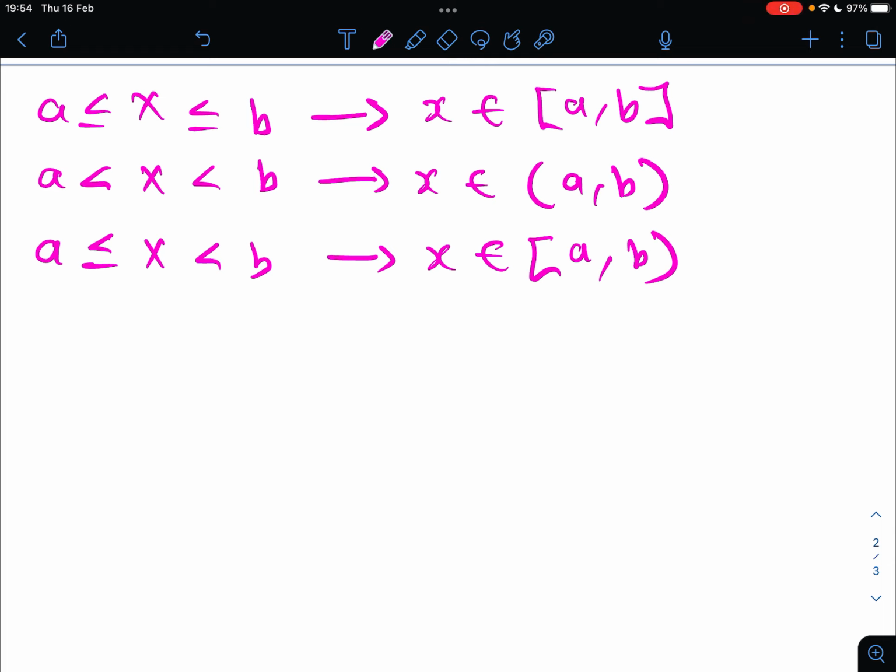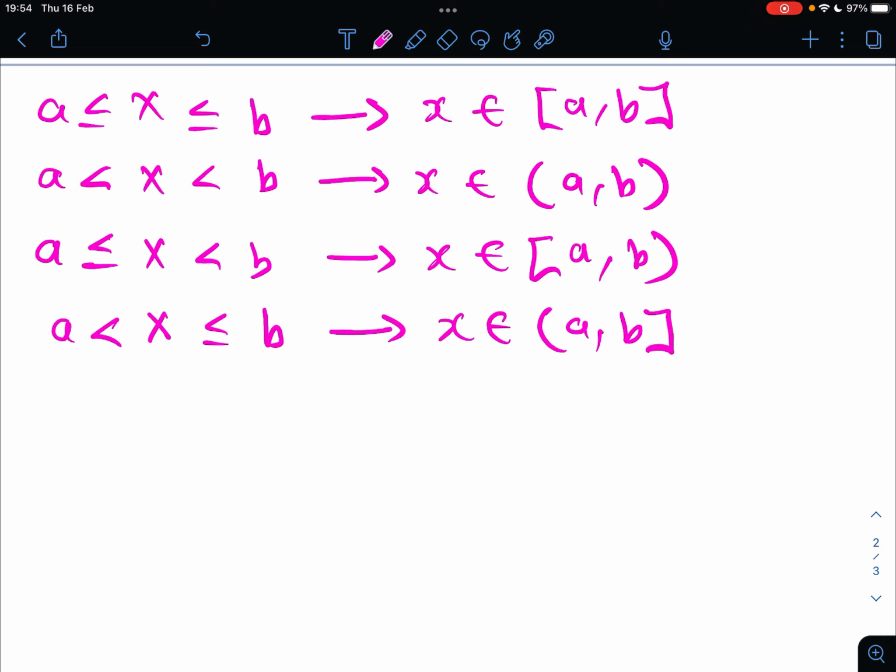So it is the same thing again, even if now you say x greater than a and less than or equal to b, this is interpreted as saying x is an element of a to b, where we use a square bracket for the less than or equal to symbol, and for the strictly less than or greater than symbol, we just use the round bracket. You see that? So this is how you can rewrite all those things that we have written before.